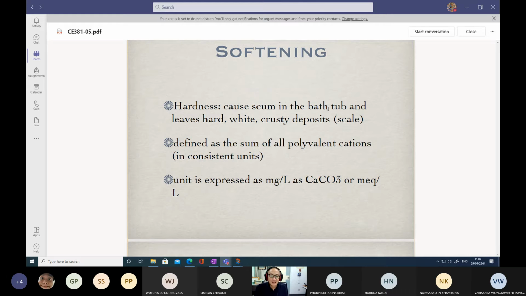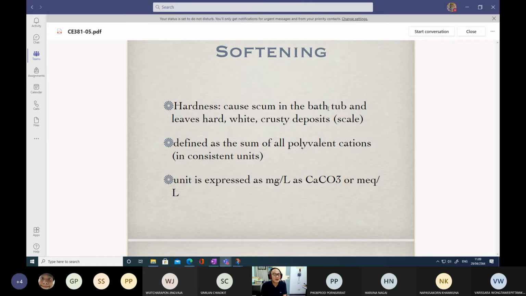And it will leave white, hard, and crusty deposits or scale on these toilet facilities or bathroom facilities. That is why sometimes the hardness is an unwanted contaminant in water.